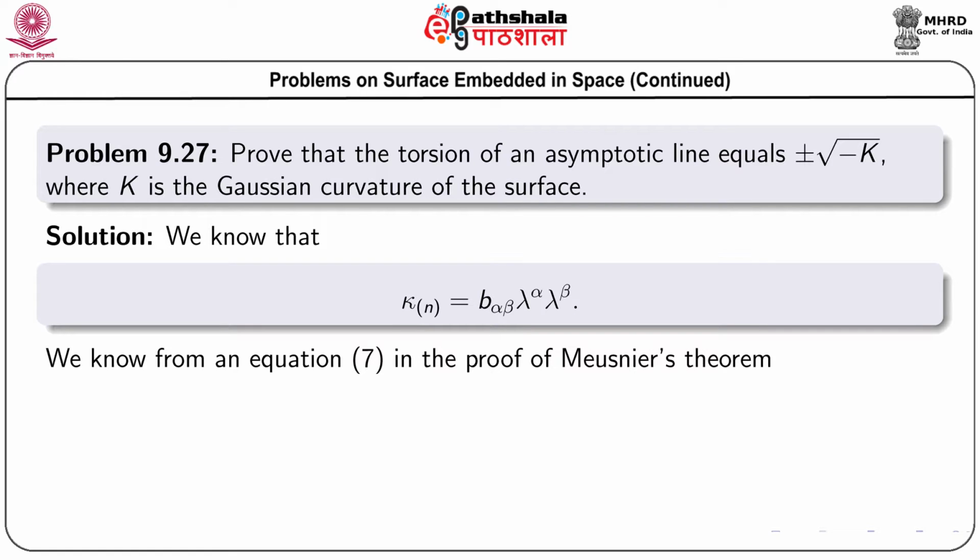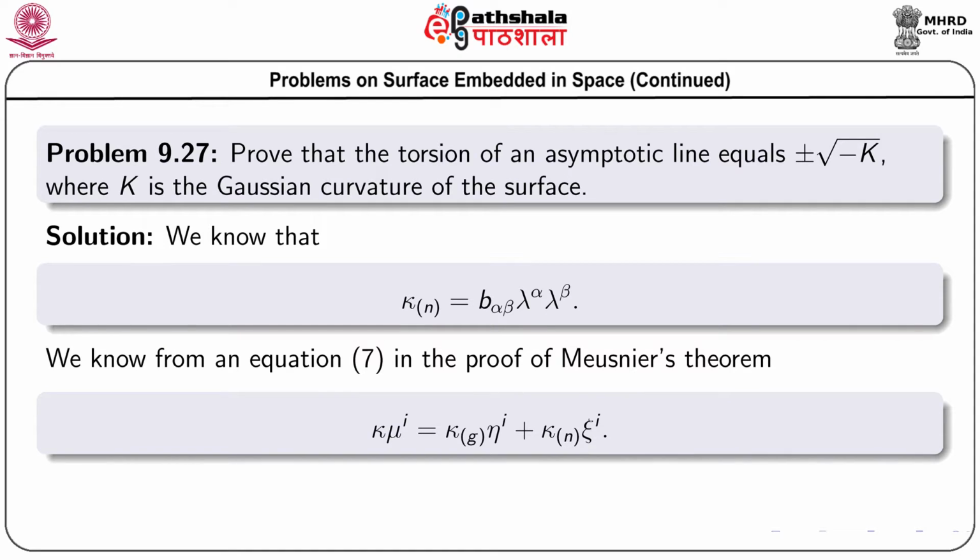Now, from the proof of Meusnier's theorem, there is equation number 7, which gives this relation, that kappa mu I equals kappa g eta I plus kappa n xi I, where kappa g is the geodesic curvature, kappa n is the normal curvature of the surface, and kappa is the curvature of a curve on the surface which has the same tangent vector.